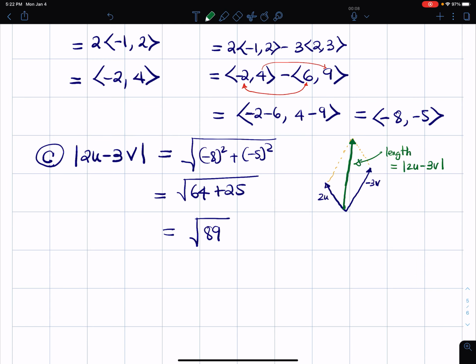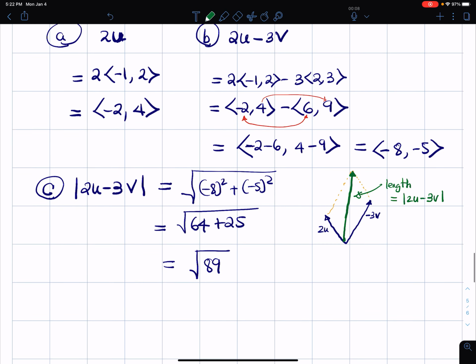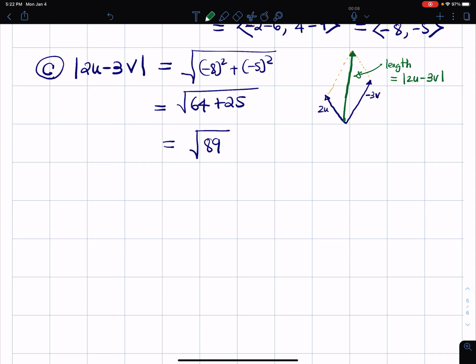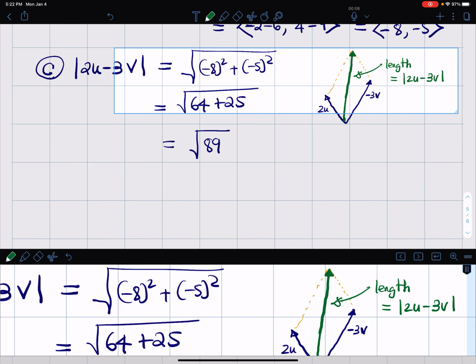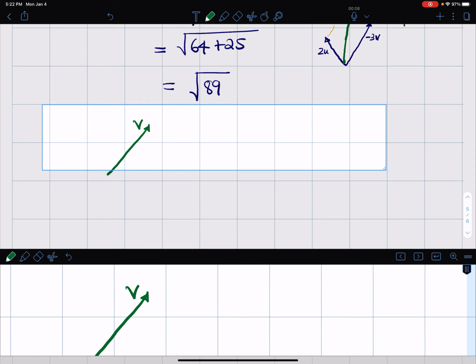Okay, so a very important concept is the concept of a unit vector. So what does a unit vector mean? Assuming you have the vector v, and assuming that the magnitude of v is 3.